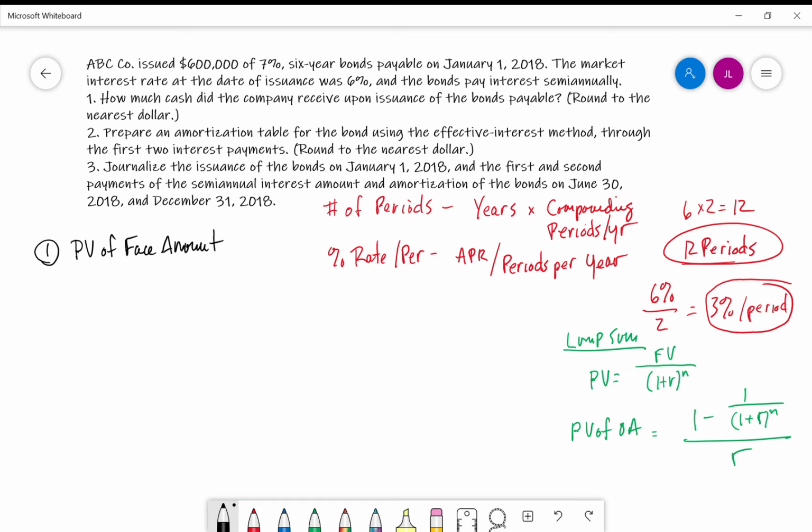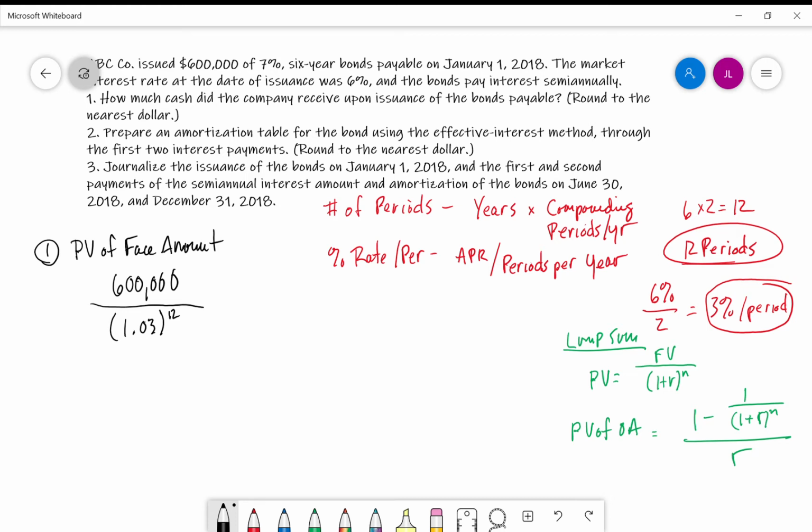So we know the future value, that's the $600,000. So in essence, we have 600,000 over 1 plus r to the n. Remember, our r is 3%, n is 12. So we have 1 plus 3%, which is 1.03 to the 12th power.